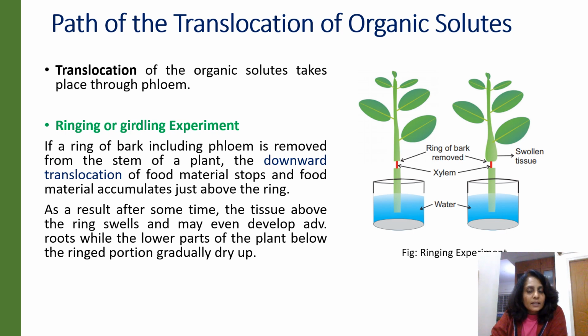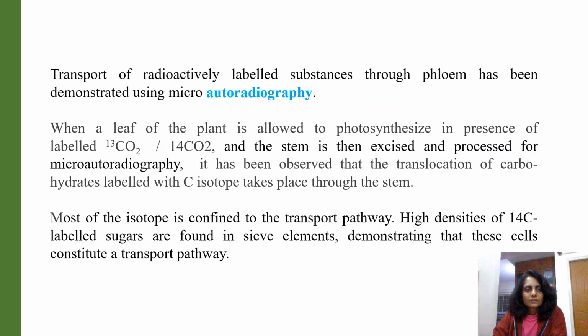After some time, we see that the upper foliated part slightly swells up at its lower end, while the lower part of the stem, which is defoliated, dries up. The reason is that the food prepared in the leaves gets accumulated at the lower part of the foliated region and is unable to move to the lower part of the stem because of the absence of the phloem tissue. Thus, this experiment is a clear demonstration.